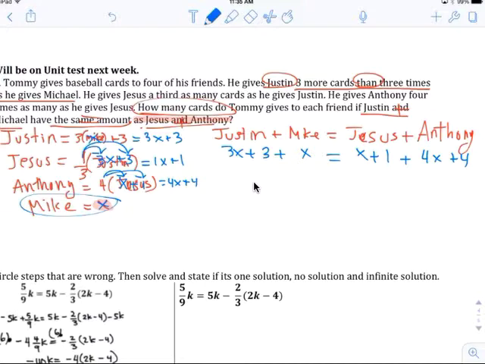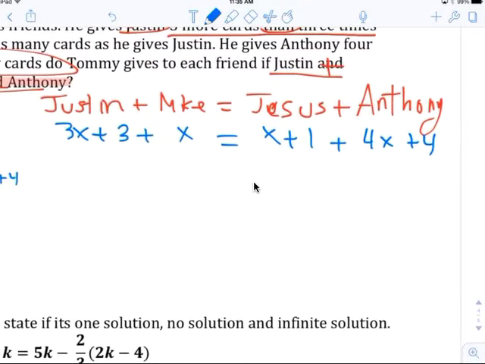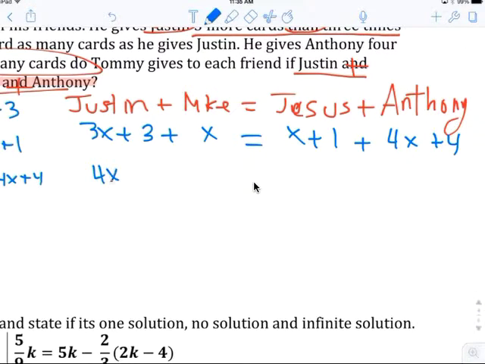Alright. So you get 4X plus 3, 5X plus 5.